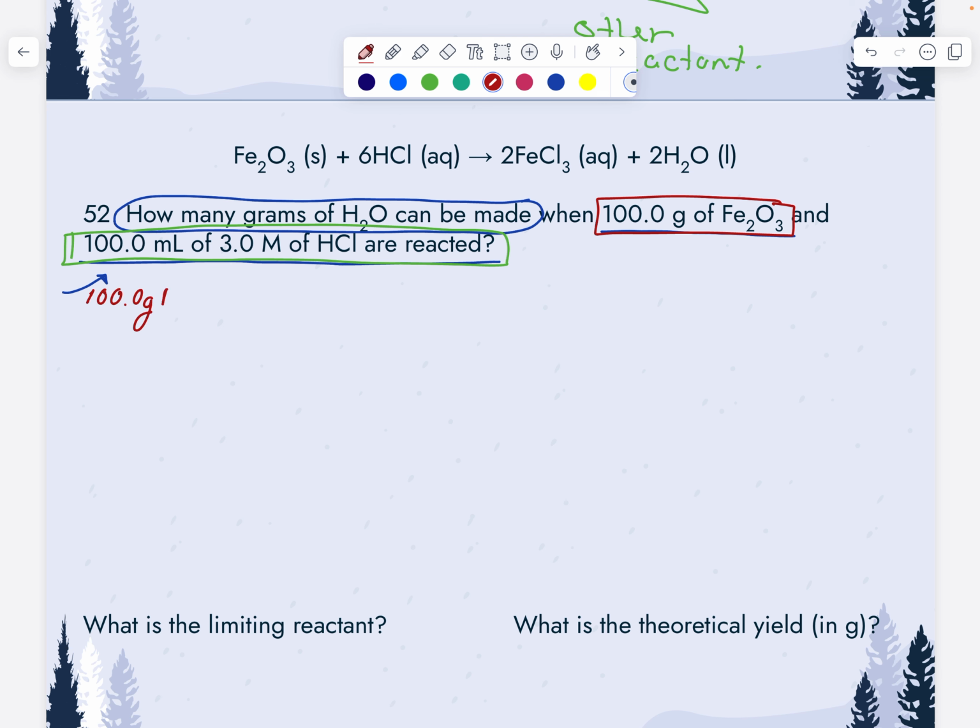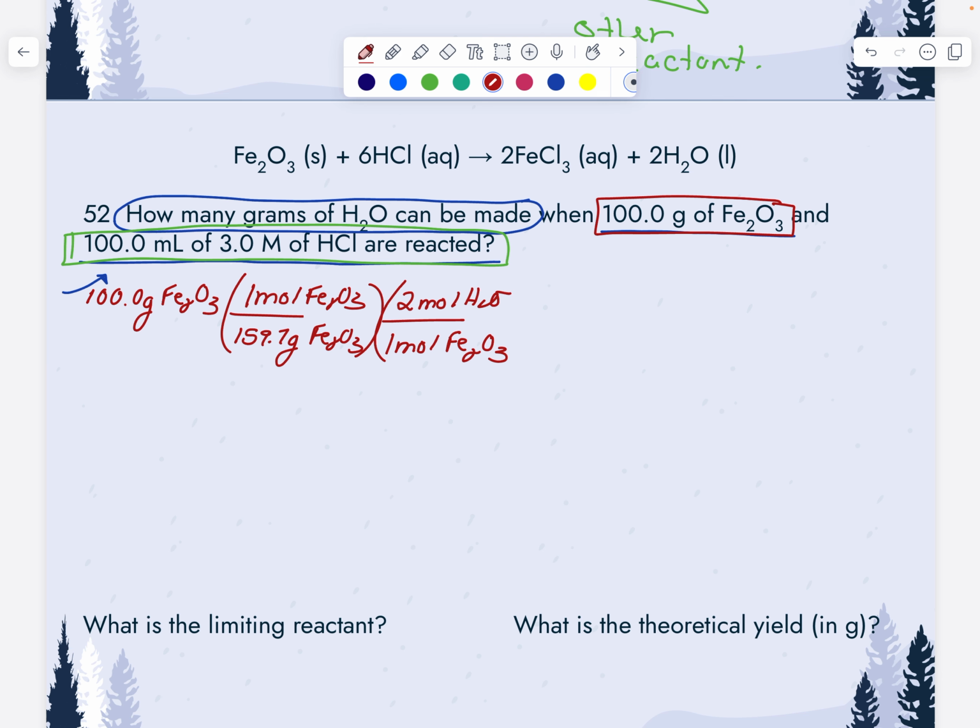100.0 grams of iron 3 oxide, Fe2O3. The first thing I always do is convert to moles. The molar mass of that is 159.7 grams. Using the coefficients from the balanced chemical equation, 1 mole of Fe2O3 will produce 2 moles of water.